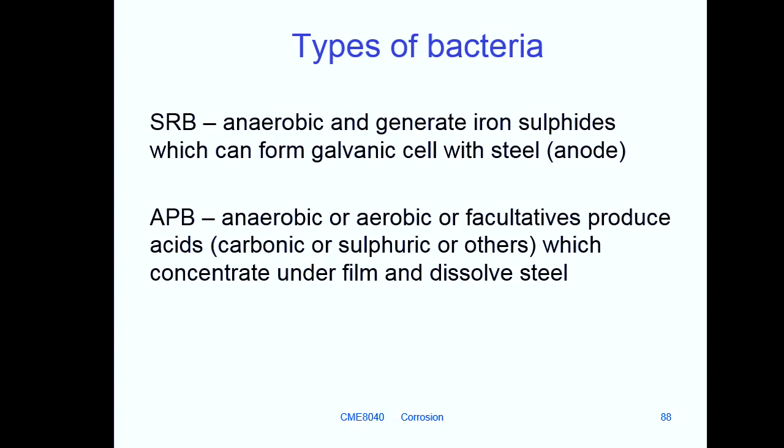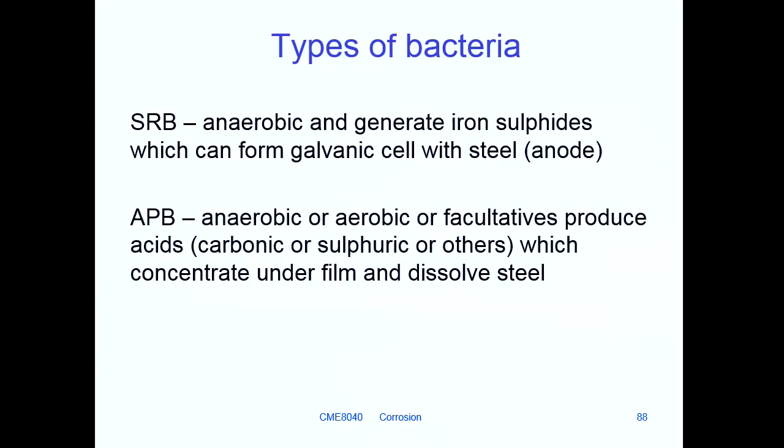And the potential of the iron sulfide is different from the potential of the steel. So you've got an opportunity for further galvanic corrosion. The iron sulfide is the cathode of the system, the steel is the anode of the system, and you'll get some further corrosion around the interface.